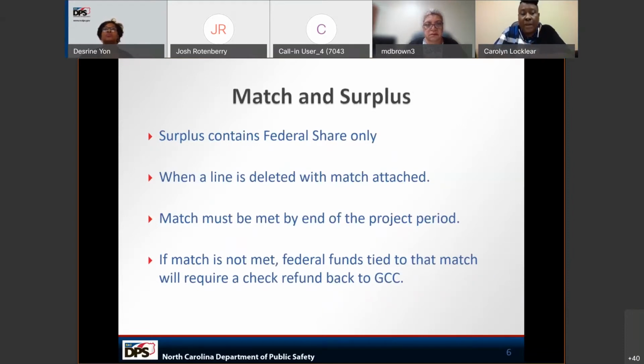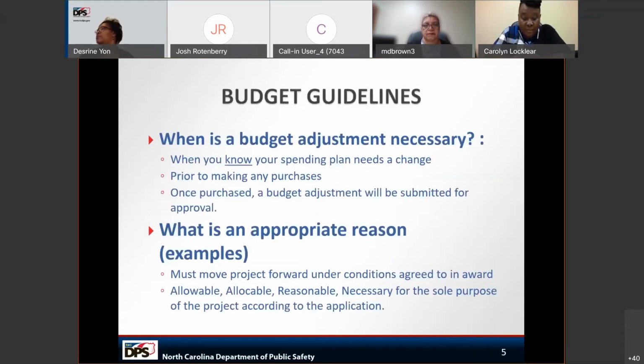Budget adjustments cannot be done late. If your project is ending in September, your final budget adjustment must be submitted 60 days prior to the grant closing, unless there is a problem that you have discussed with your grant manager and it's on a case-by-case situation.